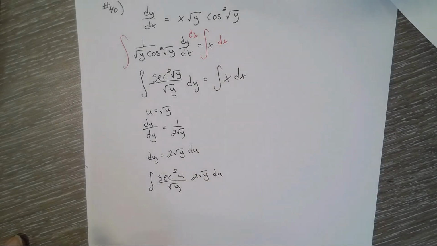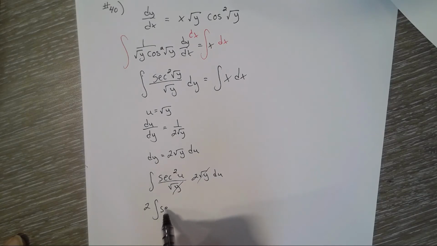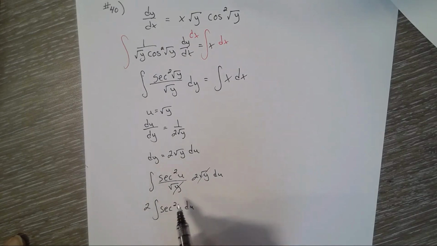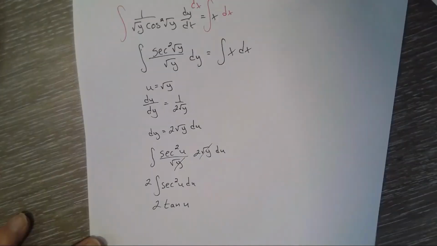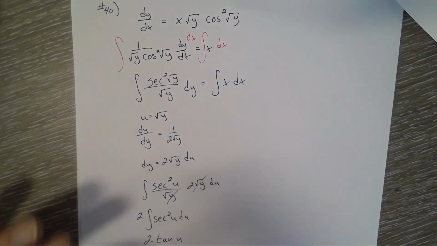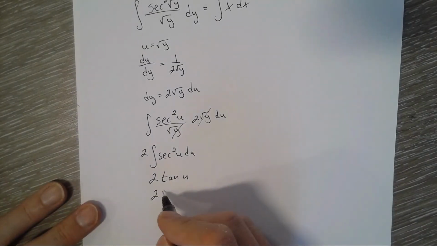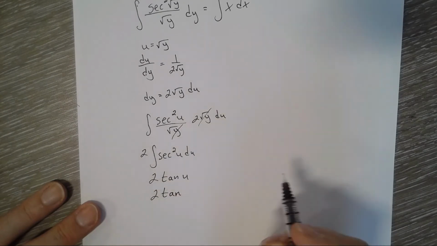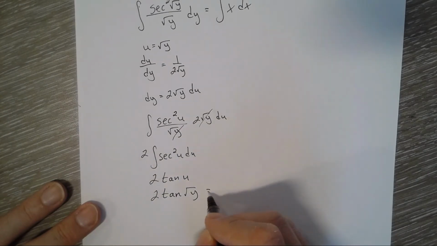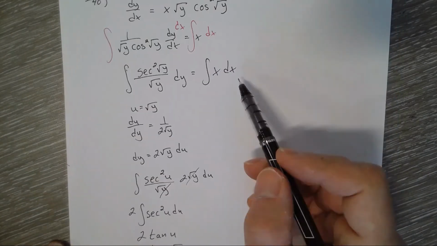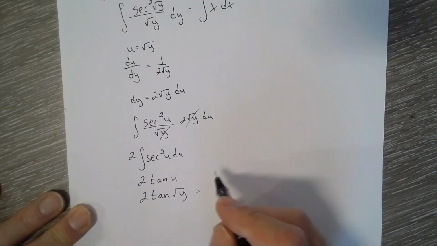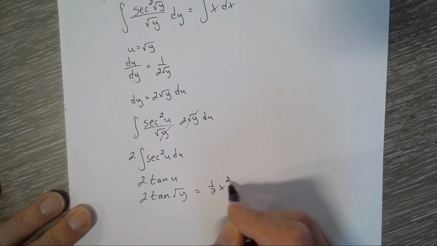Okay, so we do have an integral in terms of u, and we do know, hopefully, that the antiderivative of secant squared is tangent. Carl taught us that. So now I have 2 tangent of whatever u was, square root of y, equals, now this is 1/2 x squared plus c.